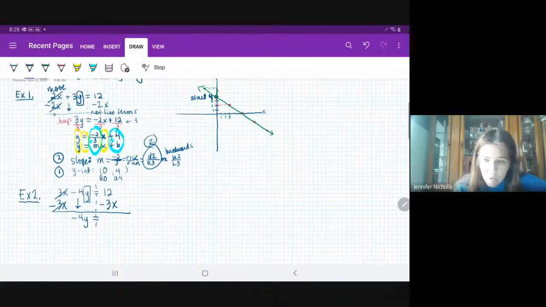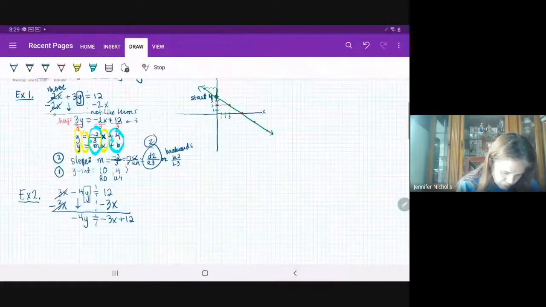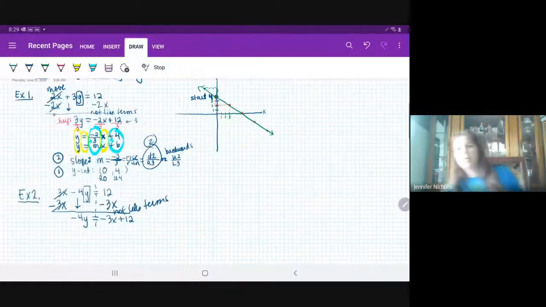I agree, Brandon, but don't change it to 9. Okay, so I agree with this, but you're going to keep it the 12 because they're not like terms. Okay, so that's good. And then Carissa, what do I do next?